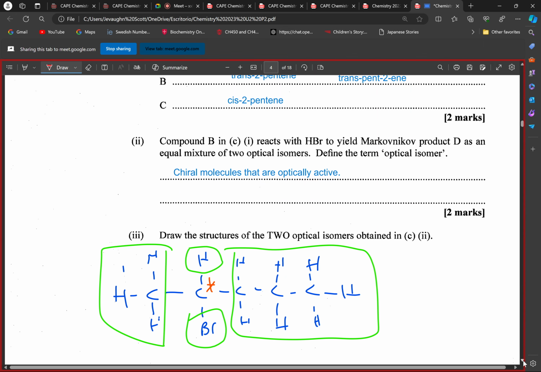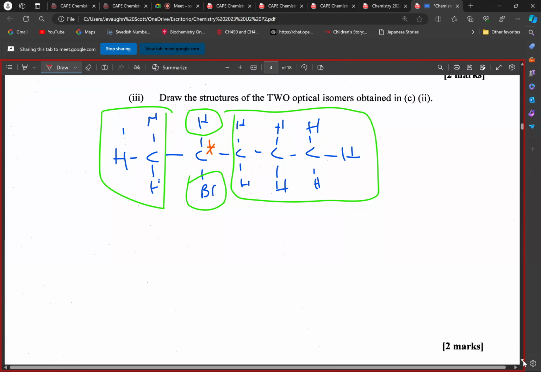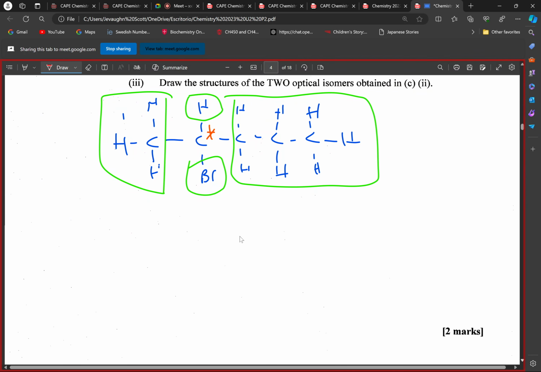It reacts with hydrogen bromide, so you're gonna have two different reactions, and the bromine and hydrogen will be added across the double bond. But in situation 1, the bromine will be here, and in situation 2, the bromine will be here. But in situation 2, when bromine is here, it is not going to be a chiral molecule. So am I missing something? Because that's not going to be chiral.